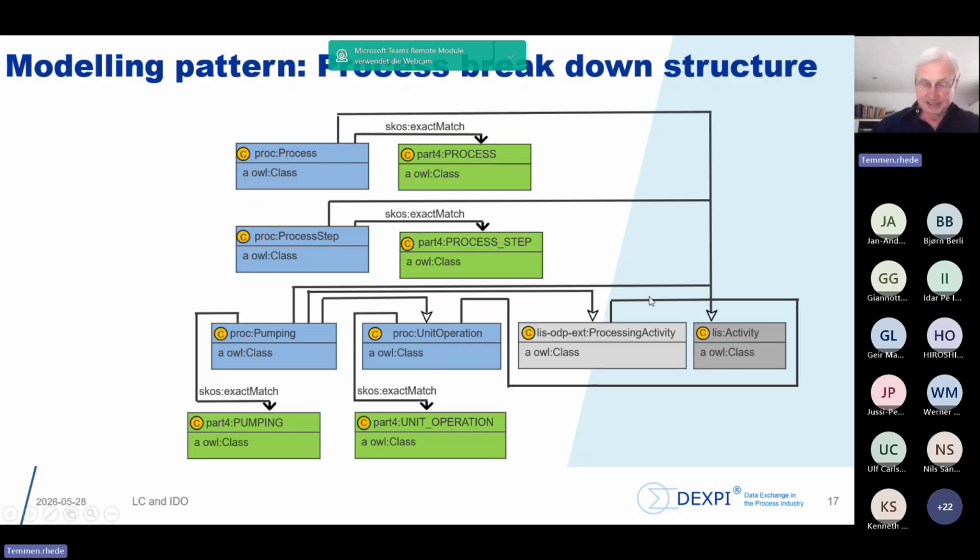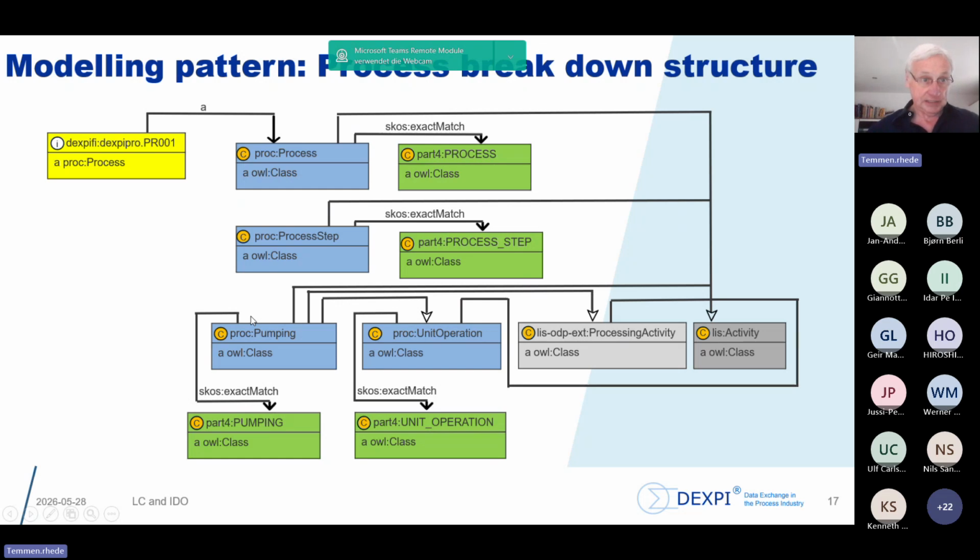And we relate them to the LIS classification. LIS, as I said, everything LIS activity classified, and for the additional to have domain and range restrictions for the object property, there is an additional processing activity defined.